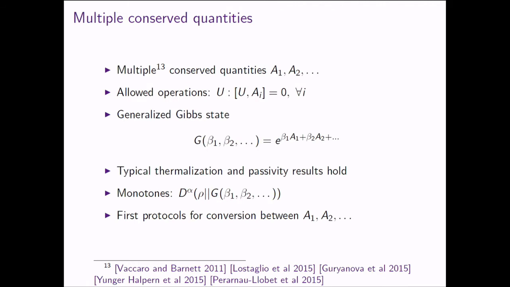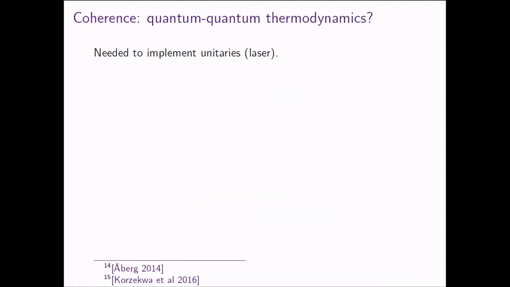But so far, most of this could have been almost a classical framework. So when do we start to see real quantum phenomena? We can start by looking at coherence.